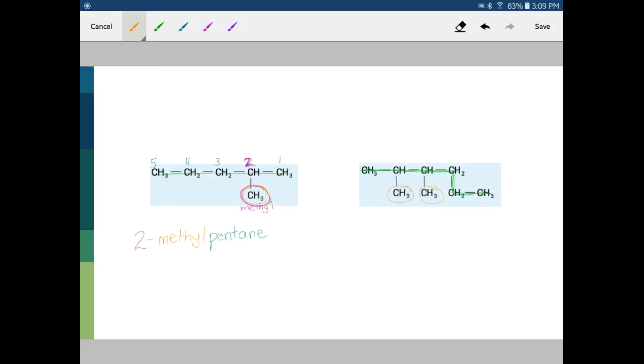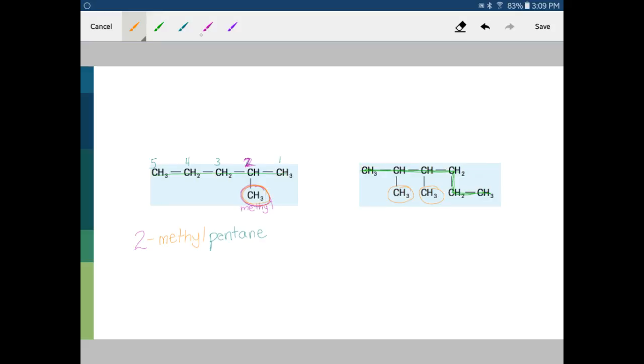Because these aren't connected, and they're each branched off a different carbon of the parent chain, instead of having an ethyl group, meaning a 2-carbon group, we have 2 methyl groups. Again, notice that it's coming off of 2 separate carbons. If you were to have both of the carbons connected, coming off of a single carbon, you would in fact have an ethyl group, but not in this case.